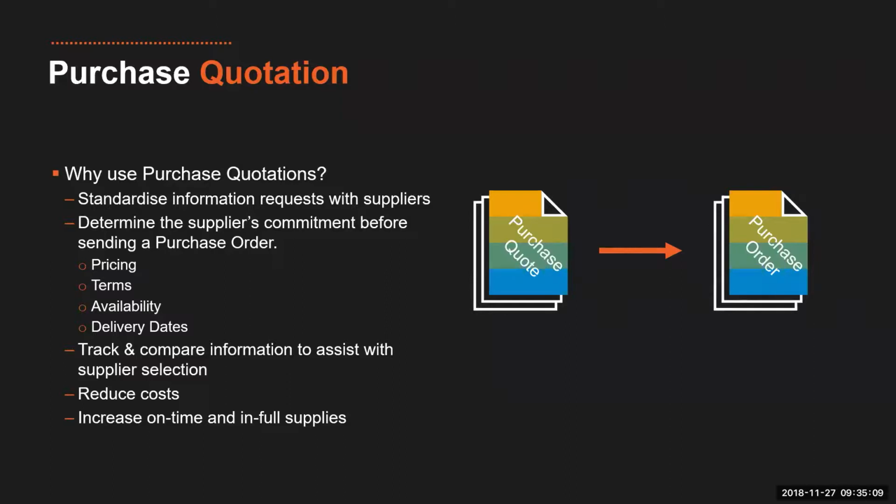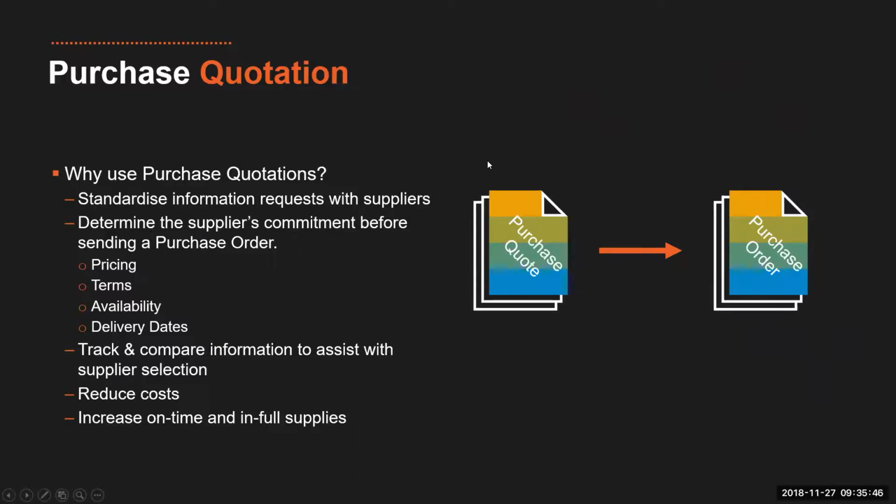They respond with the pricing they'll give you, the terms like payment terms, the availability of those goods and services, and a commitment around when the goods can be delivered. So that purchase quote can be sent to them, and you can get commitments before sending that purchase order. This will reduce the number of times you would have to cancel purchase orders, because you've sent them earlier notice of what your requests are going to be. So that's the idea of the purchase quotation.